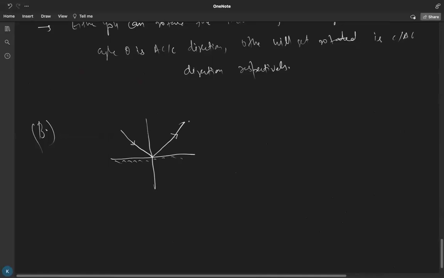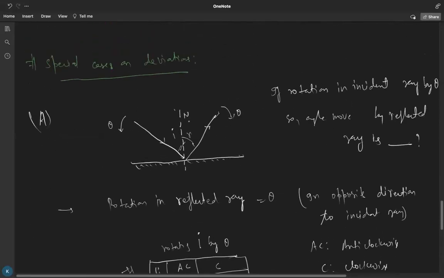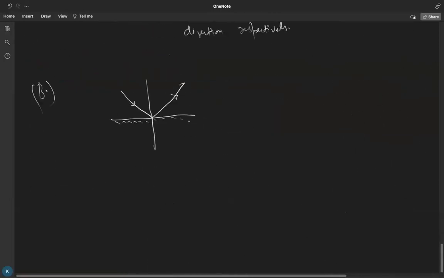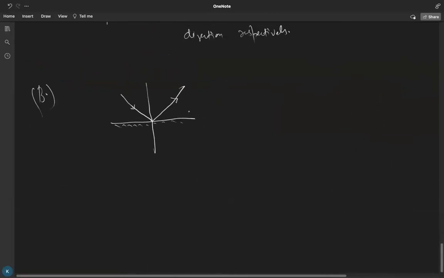Now in the previous special case, I just rotated either the angle of incidence or the angle of reflection, either the incident ray or the reflected ray. Right now what I'm trying to do here is rotate the mirror by an angle of theta.